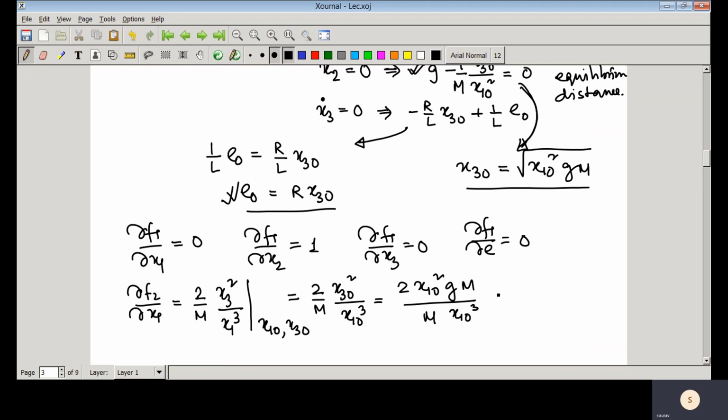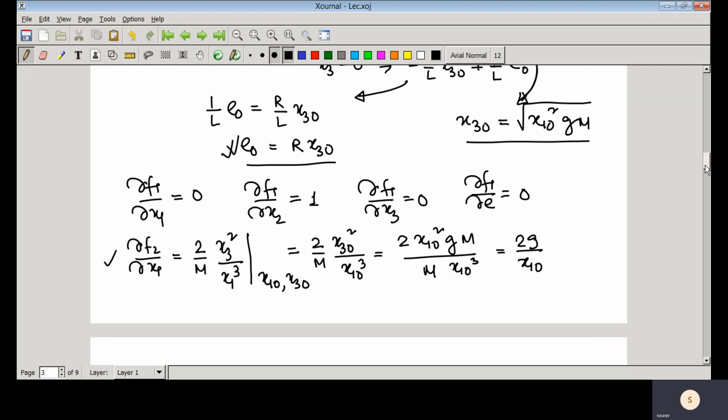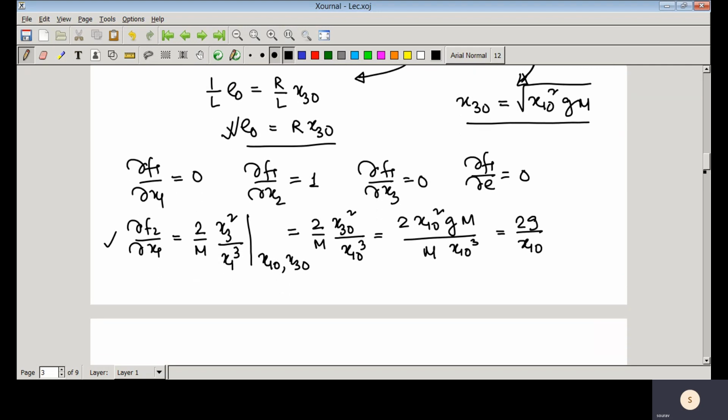So you get 2g by x10. That means we have derived del F2 by del X1 at the equilibrium point.